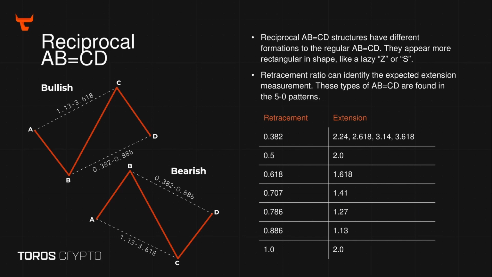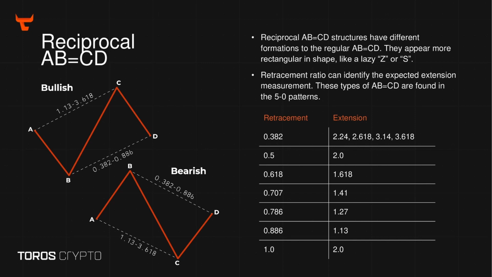In addition to the other ABCDs that we just discussed, we have the reciprocal ABCD. This one looks quite different. It appears rectangular, and by rectangular I'm referring to the shape of the whole thing. It looks like a rectangle box.